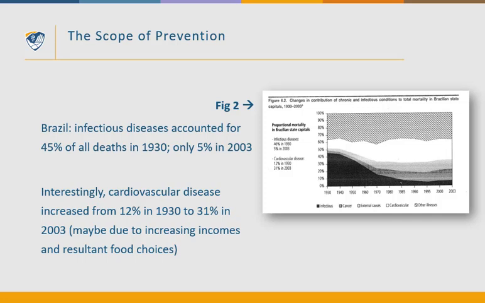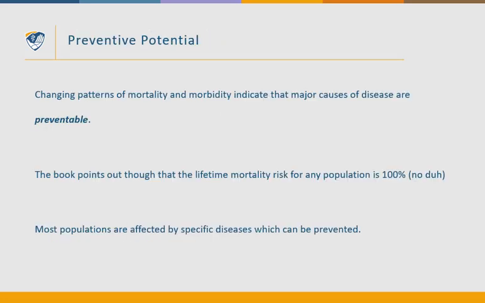So there's an increase in cardiovascular disease from 12% in 1930 to 31% in 2003. Why might that be? Well, maybe due to having more income and the resultant food choices that people make. Or maybe people are living longer to the point where they could actually succumb to heart disease versus an infectious disease or some other disease.